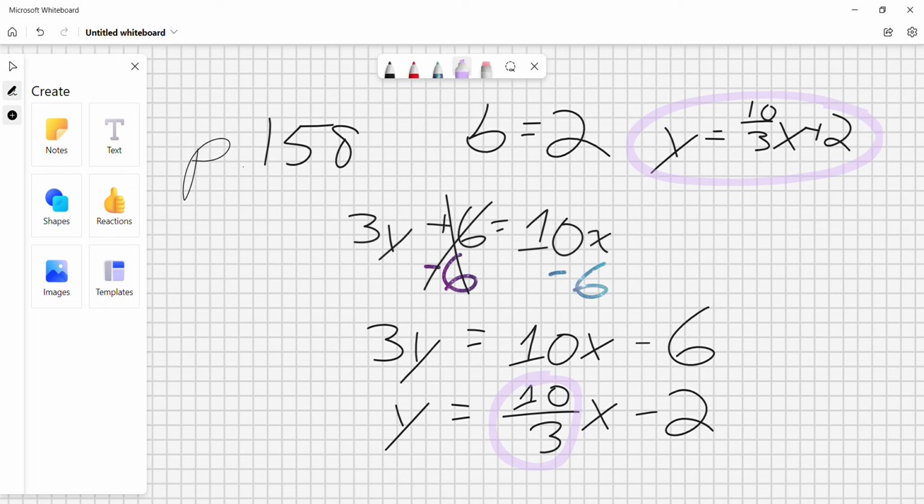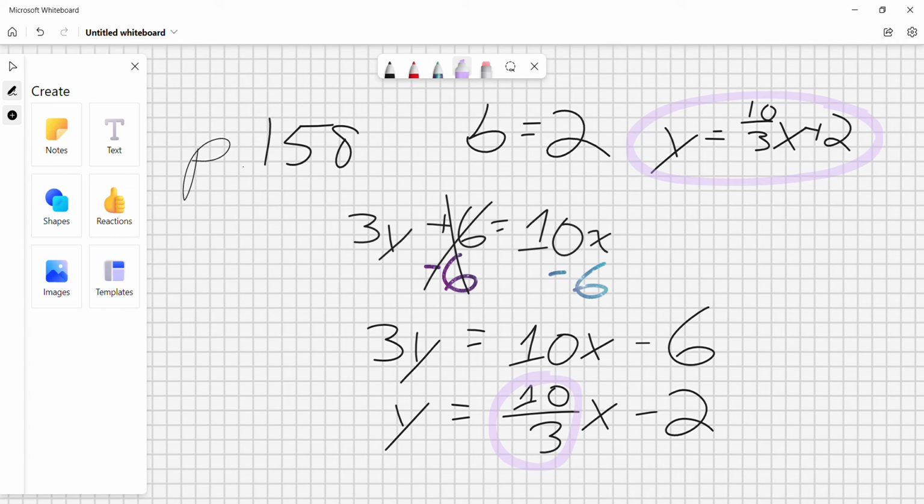Flashing over to my notes. All right, let's look at number 10. Mrs. Ball made that short video that shows you how to do this kind of thing. We should have all the tools we need in order to write an equation in slope-intercept form if they give us slope and y-intercept.